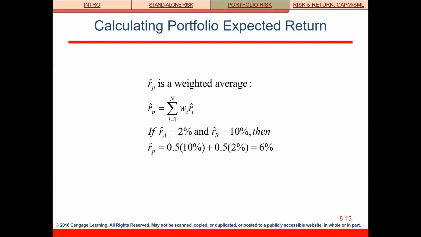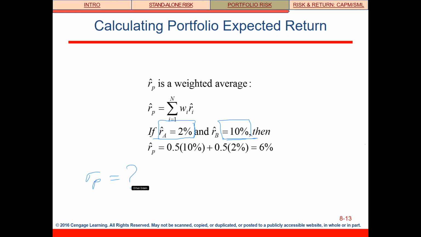So if we have two stocks, say A's expected return is 2% and B's expected return is 10%. This is given, so we know these numbers, 10% and 2%. So what's the expected return on my portfolio?